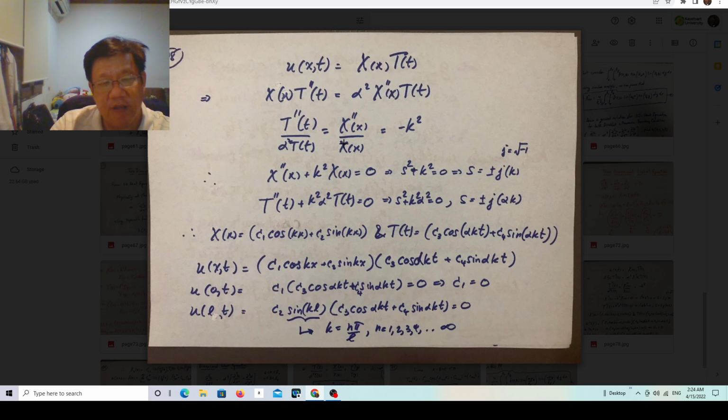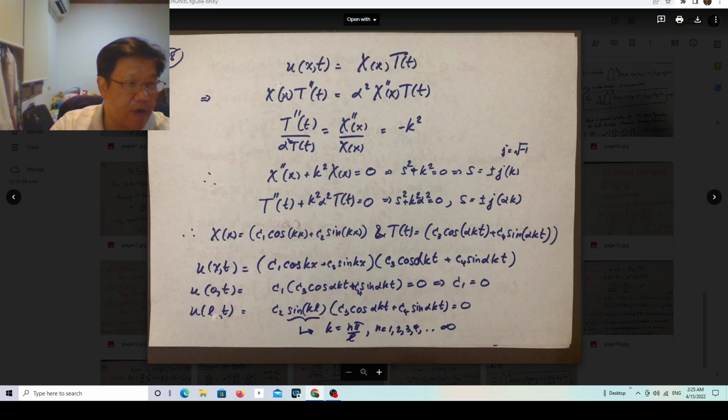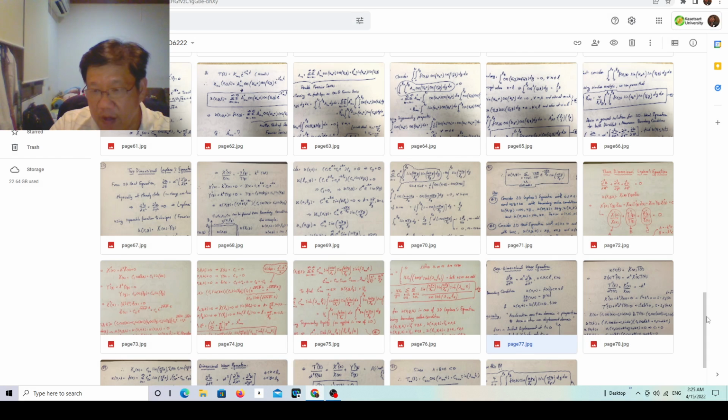When we studied the one-dimensional heat equation, we made a substitution equal to some constant lambda value. You remember that instead of minus k squared, I used a lambda value, and we showed that if lambda is positive, you get what you call a trivial solution. We can go back if you might not remember.